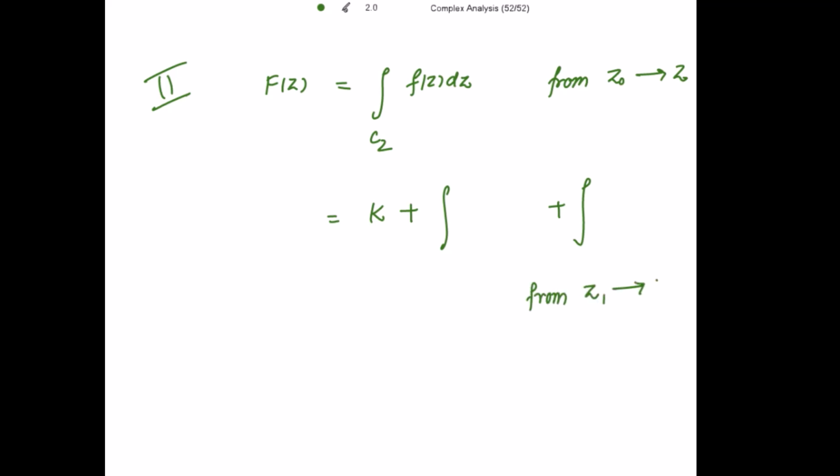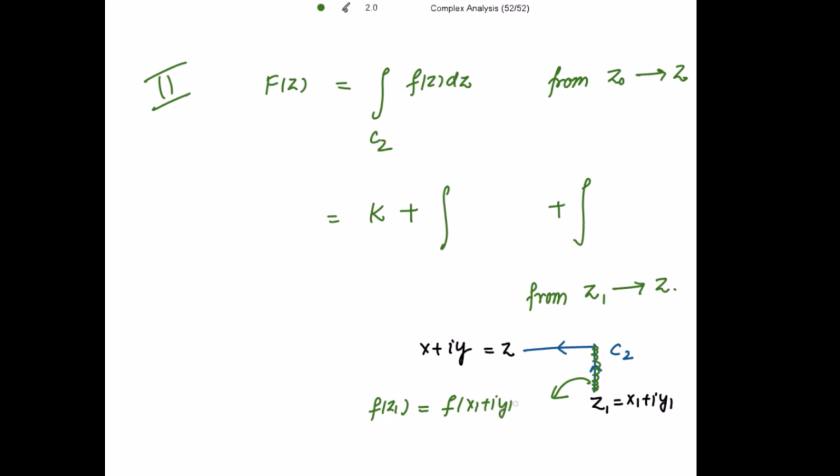From z1 to z. Moving along the path from this point to this point, we have f of z1, that is equal to f of x1 plus iota y1. But for this path, what is constant? X is constant, right?